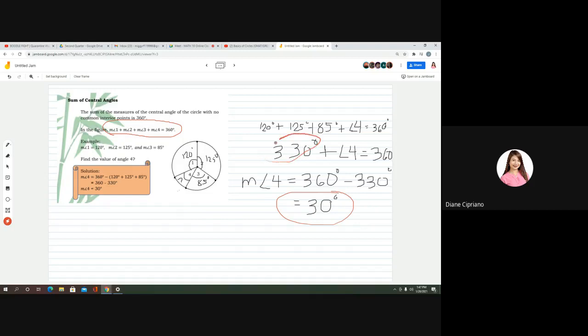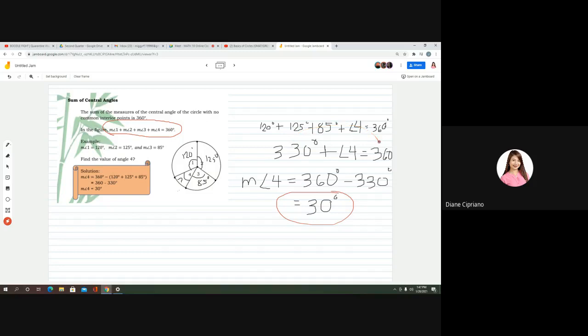So the process would be 120 plus 125 plus 85 plus angle 4 is equal to 360, because you are looking for the value of your angle 4. Pag pinag-add mo po yung tatlo, ang sagot 330 plus the angle 4 is equal to 360. Using the transposition method, the measurement of angle 4 is equal to 360 minus 330. Ma'am, bakit po naging minus?